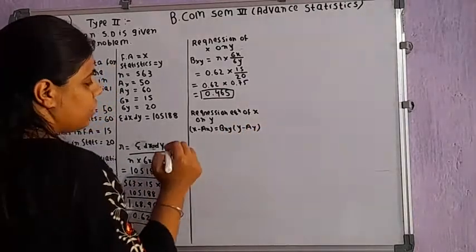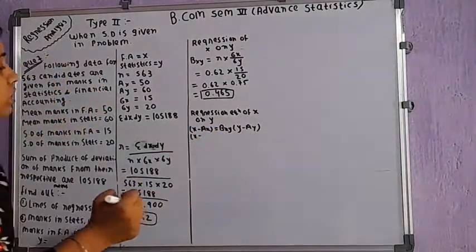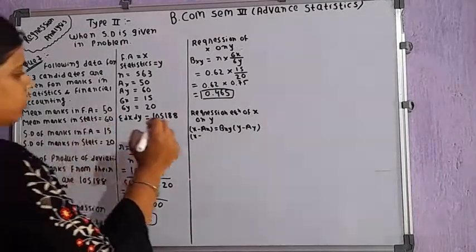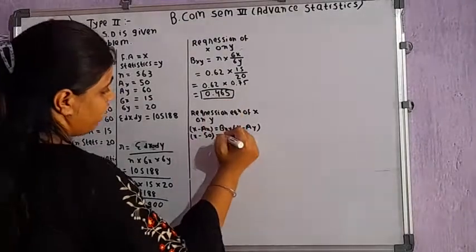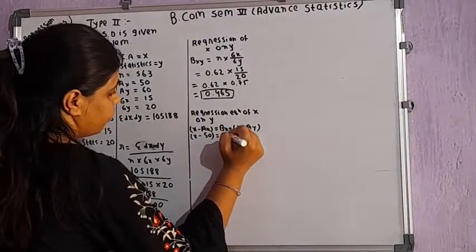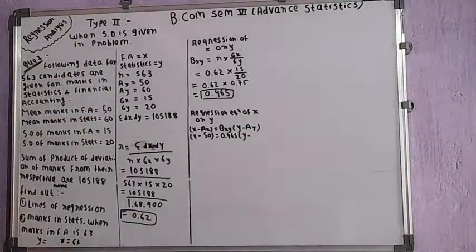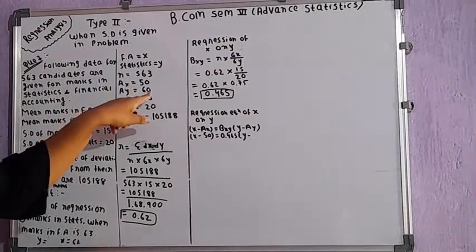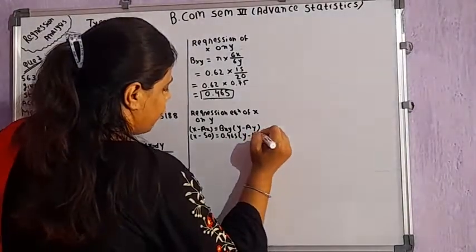Now we are going to put the values in formula. X would be as it is. Ax means mean of x series, means mean marks in financial accounting. So it comes to 50. bxy, value of bxy we have calculated 0.465. Y would be as it is. Value of ay means mean mark in statistics. We have been given ay 60. Okay. This way we have put the value.